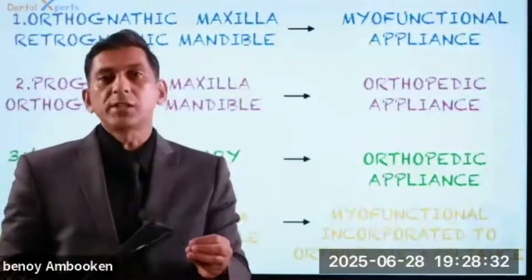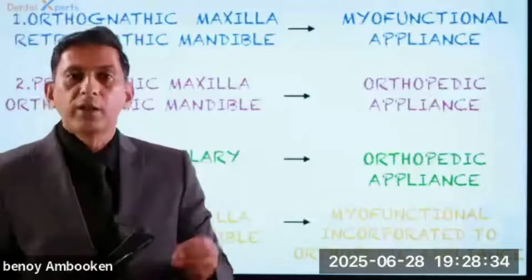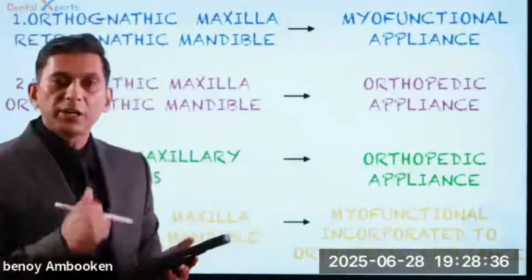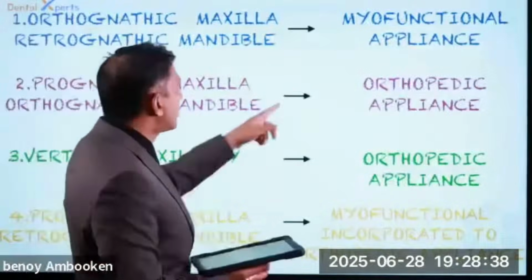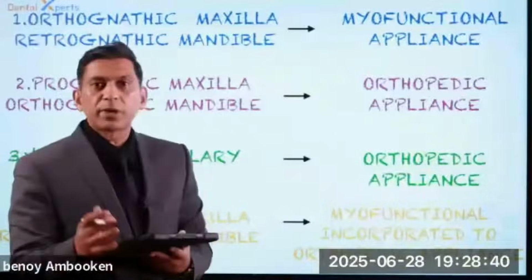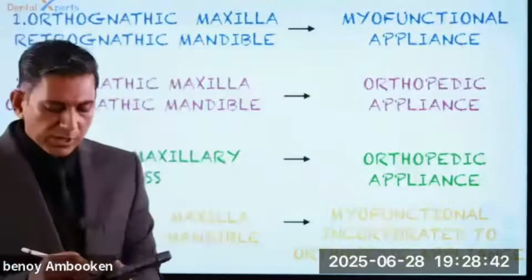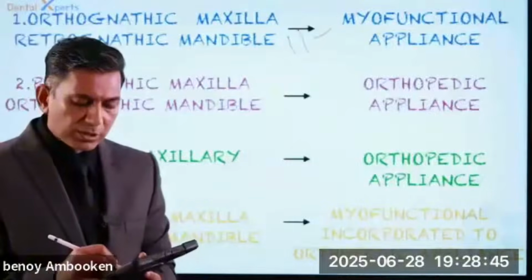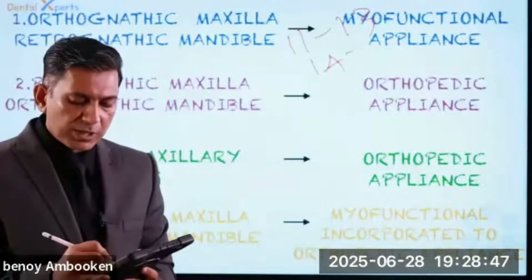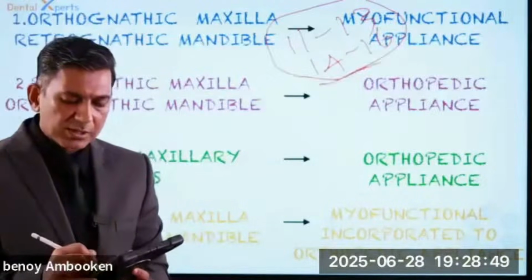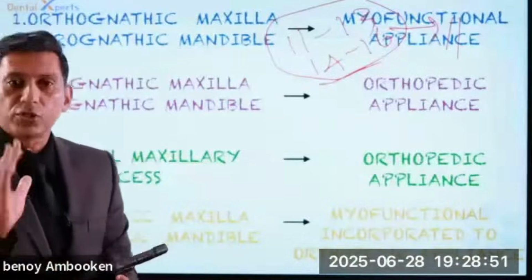But the target is, you have to diagnose when? During the growth spurt. The timing to practice a myofunctional appliance for girls is between 11 to 13, and for boys between the ages of 14 to 16. That is considered the peak velocity of growth.